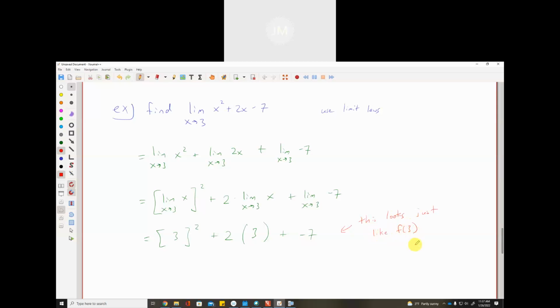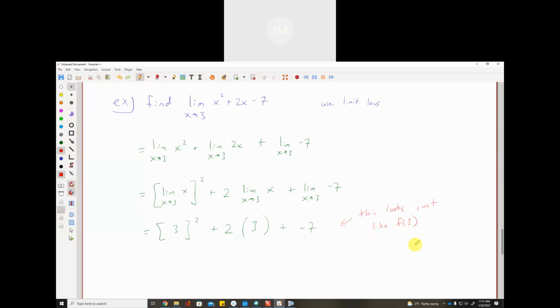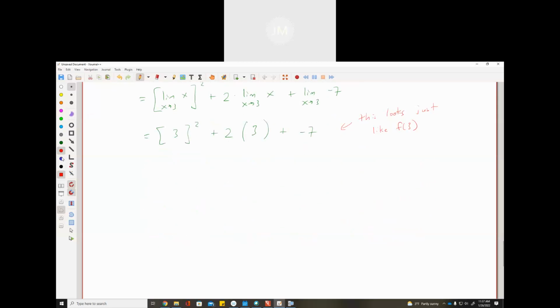So when we're computing limits, we can sort of put this together as a rule, right? And we actually call this a theorem. Okay, and I don't think that the theorem is necessarily called this, but I'm going to label it as this so I can refer back to it. But this is what we call direct substitution.